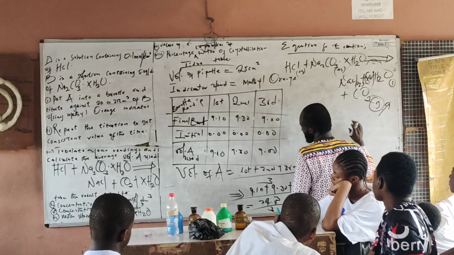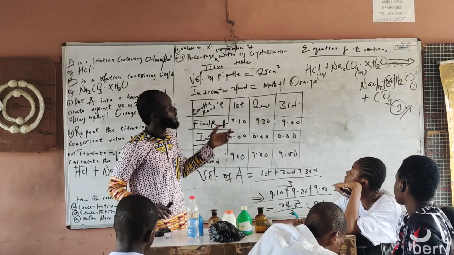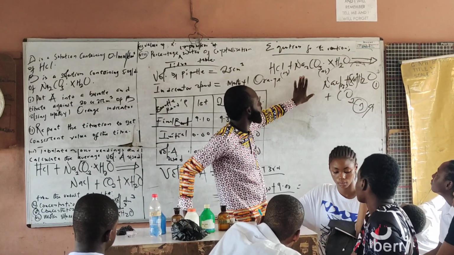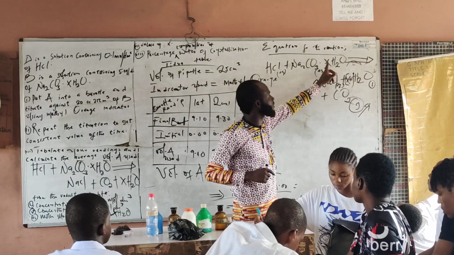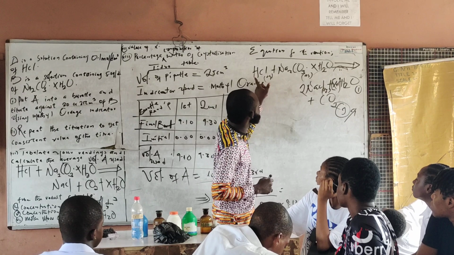Are we following? Let's balance the equation. Hydrogen here is what? We don't balance it like that. What I will balance first is just the sodium. The reason why we will not balance it that way is because of the presence of the water of crystallization to affect it. But the main thing is getting this balanced. Hydrogen here is what? 1.